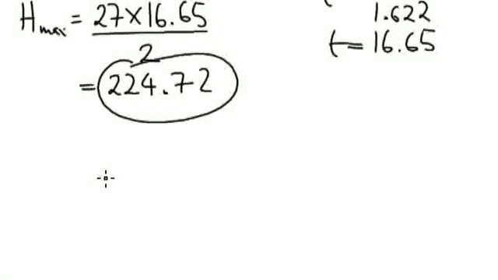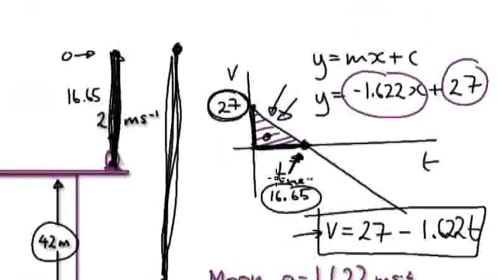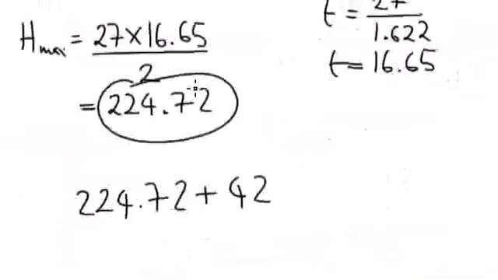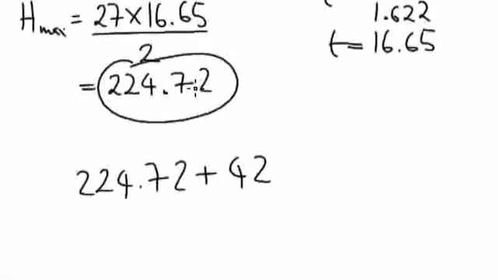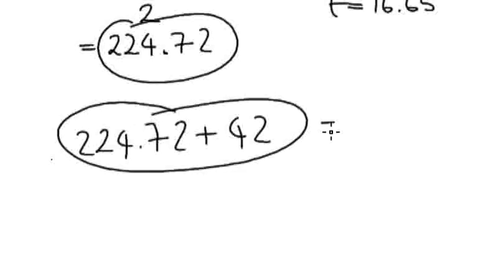So it will be 224.72 plus the height of the cliff, which is 42. Yeah. So now we've got the total height here. Let's just call it total height.